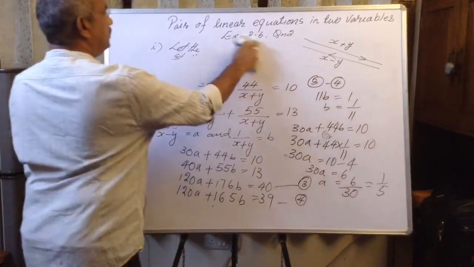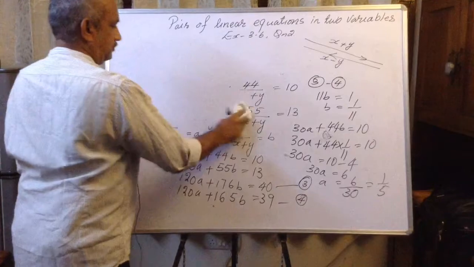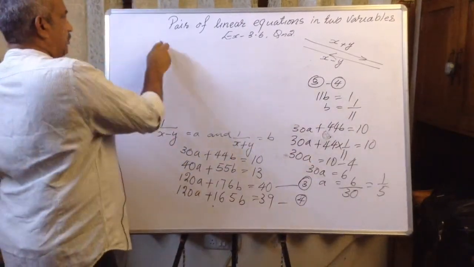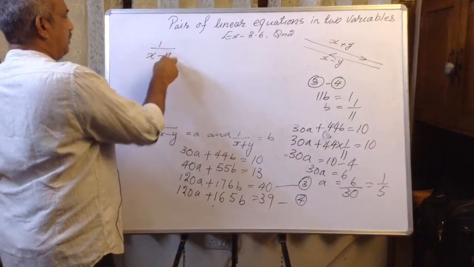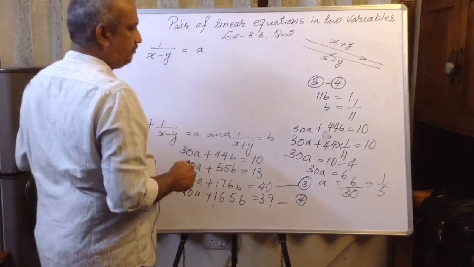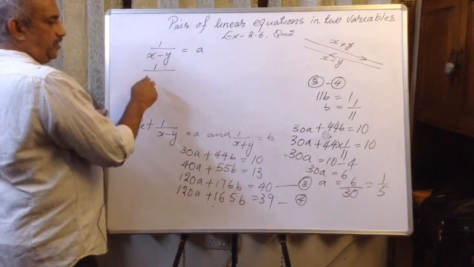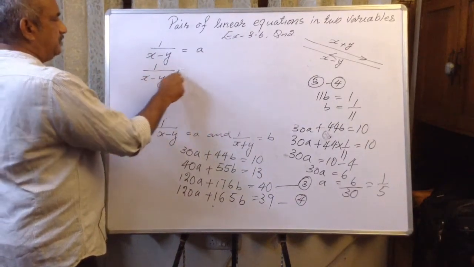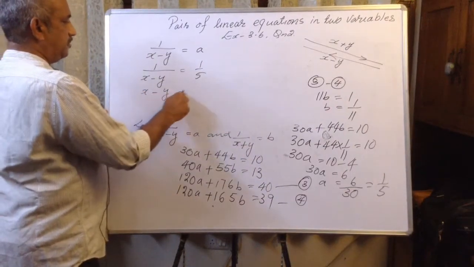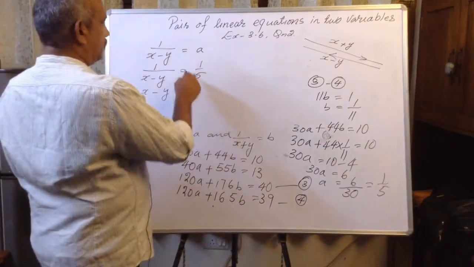Same question only. Now the first one, 1 upon x minus y is equal to a. What is the value of a? 1 upon 5. 1 upon x minus y is equal to 1 upon 5, or x minus y is equal to 5, cross multiply.